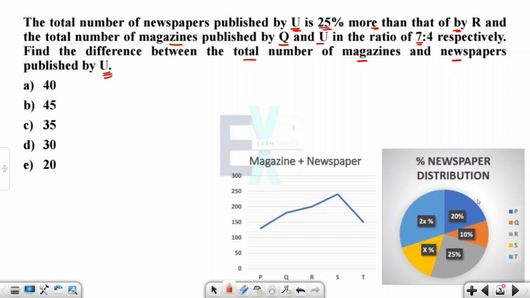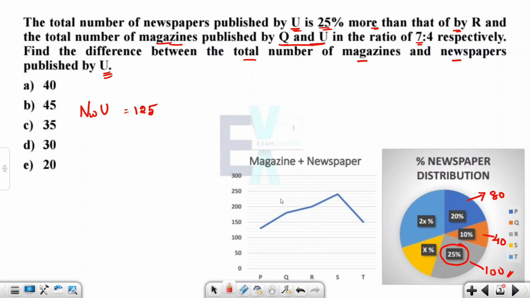So we already know this is 80, so this will be 40, and this will be 100. The number of newspapers published by U is 25% more than that of R. So if R is 100 newspapers, then the number of newspapers published by U will be 125. And the total number of magazines published by Q and U is in the ratio 7 is to 4.